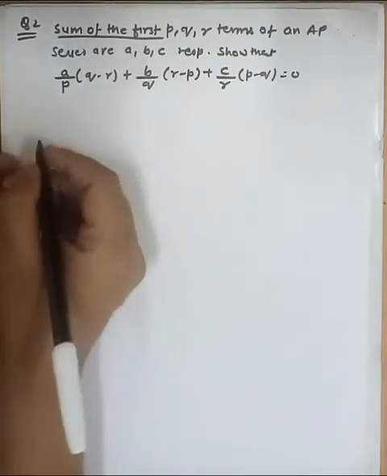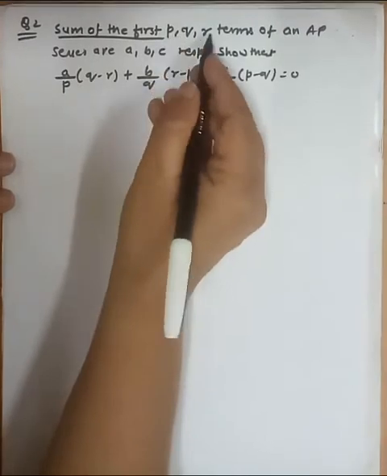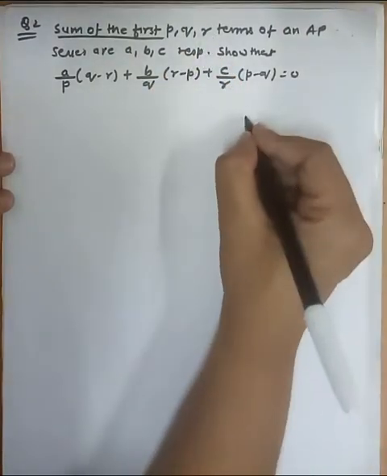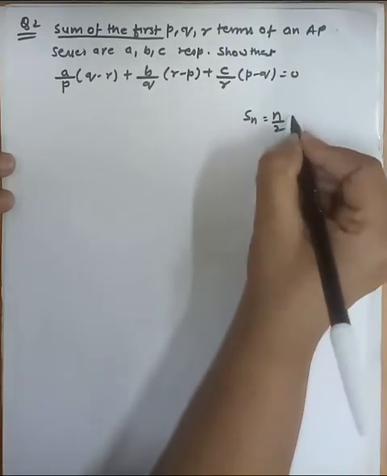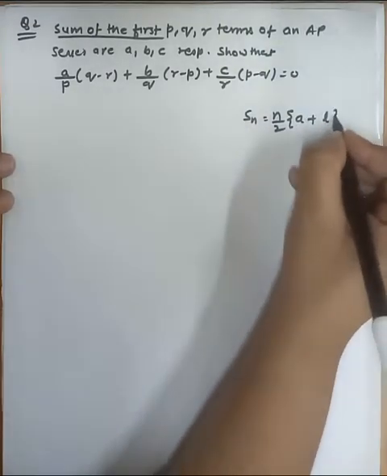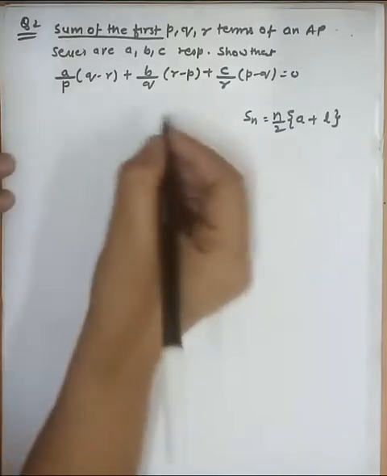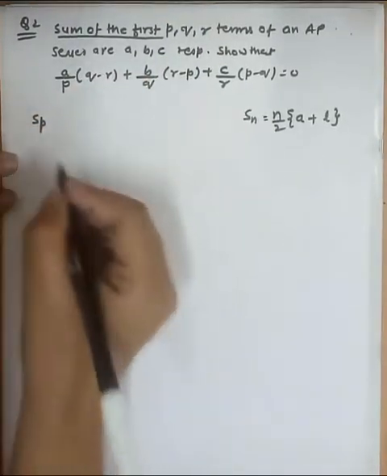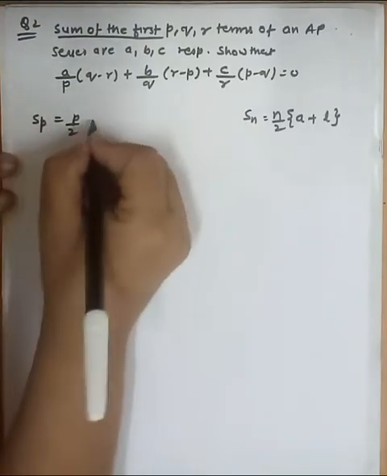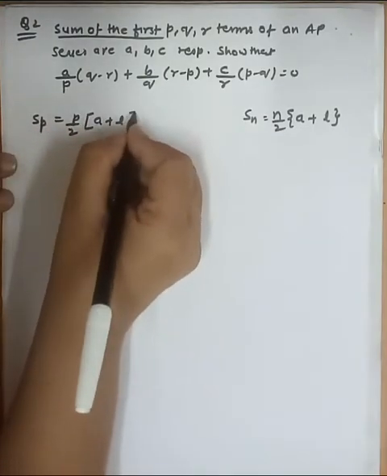Okay, so given the p, q, r terms, we know that the sum of n terms is n by 2 (A plus L). So we use this formula for the pth term: A equals P by 2 (A plus L).